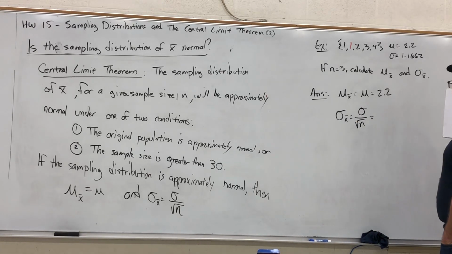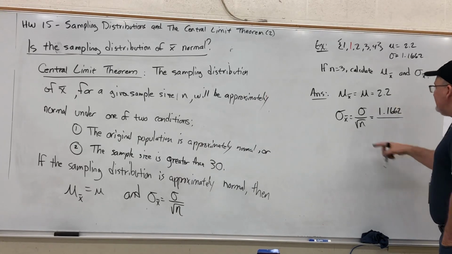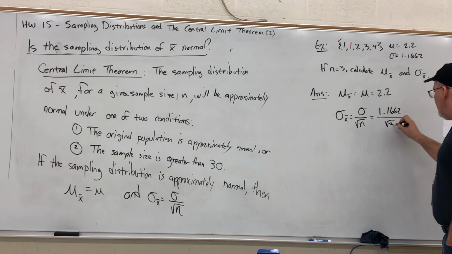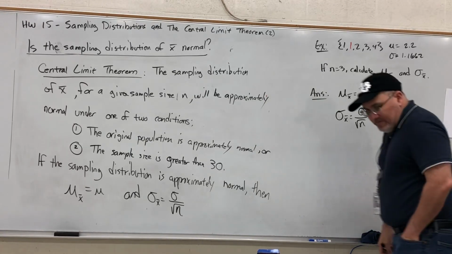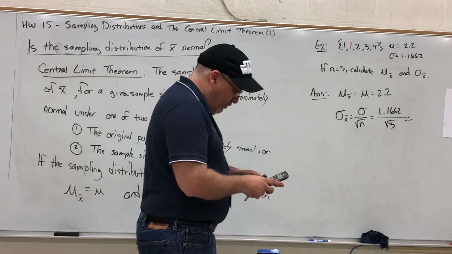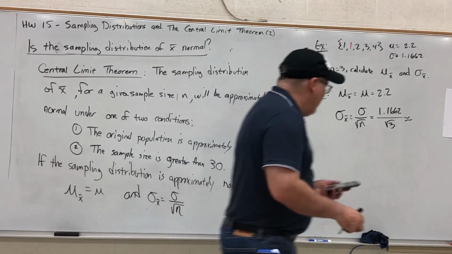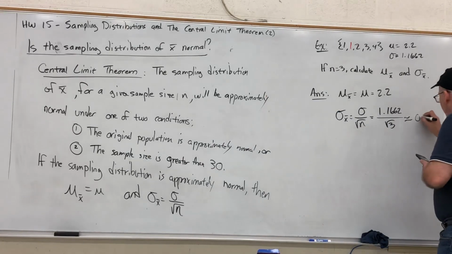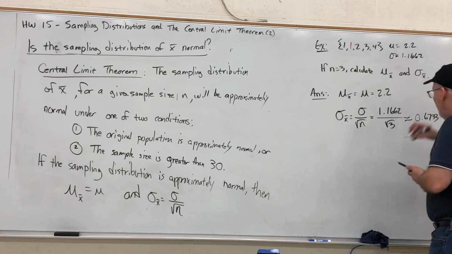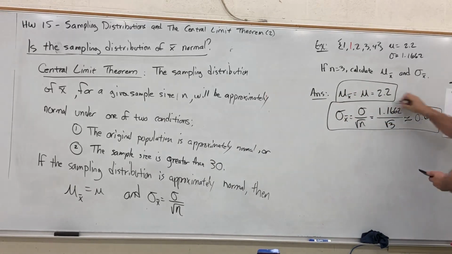So the standard deviation of the population is 1.1662. The sample size was 3. And if we divide that out, 1.1662 divided by the square root of 3 is about 0.6733. And these are numbers that we're going to be using in some examples in just a moment.